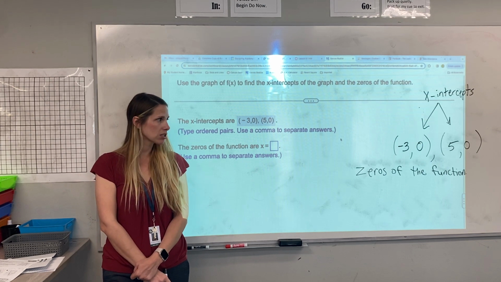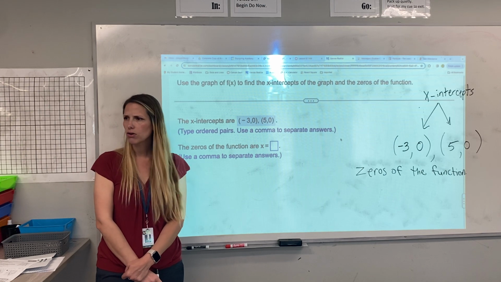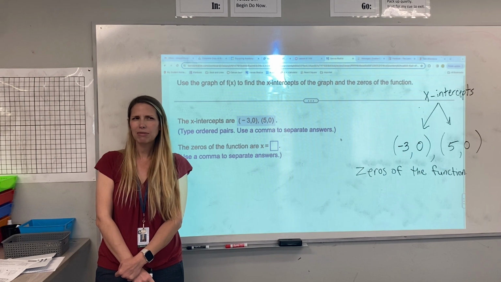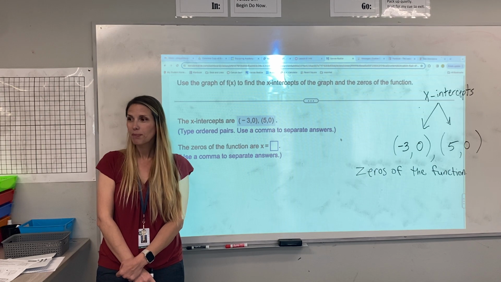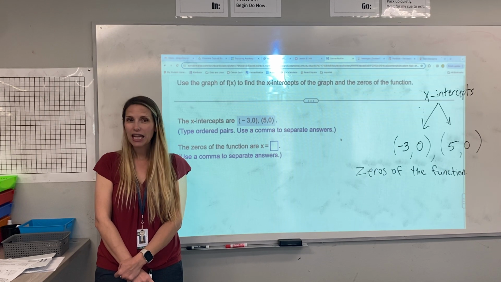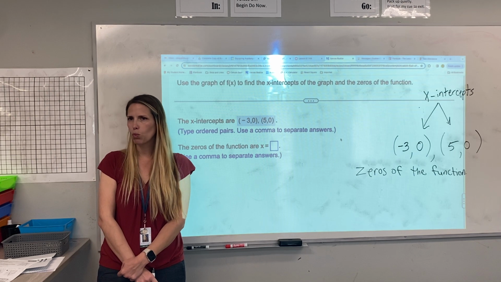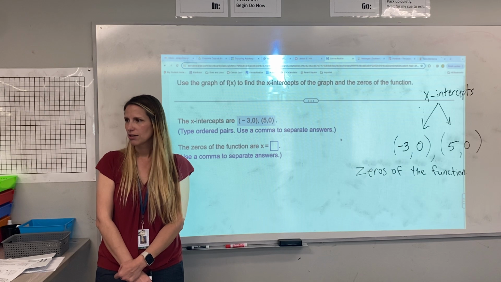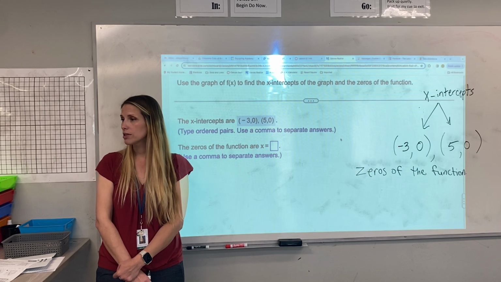The x value of the intercept is not zero. So why are they asking for zeros of the function? Why would they say zeros? Why aren't they saying, give me the ones of the function or the twos of the function? What are zeros?